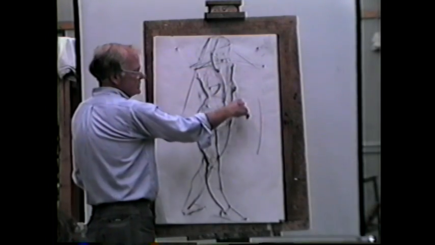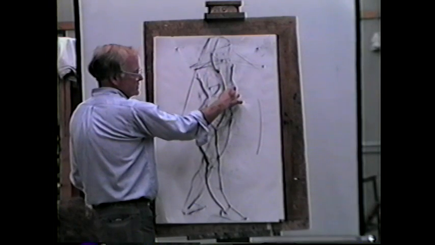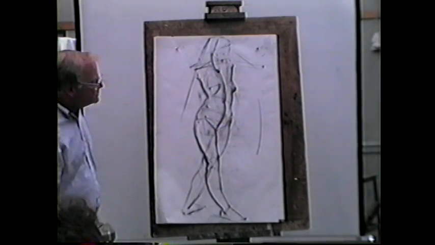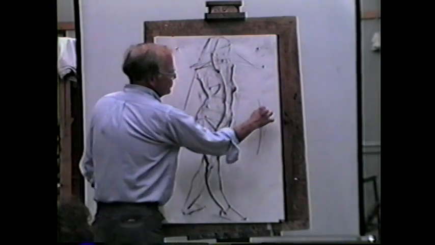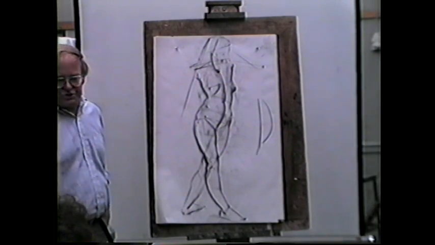The way I would phrase it is this way, that the line that connects these two major masses of torso has to be rich enough. This is a richer curve compared to this line. So you know what I mean, rich.